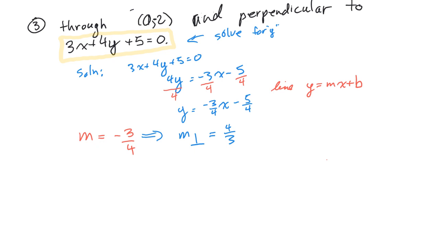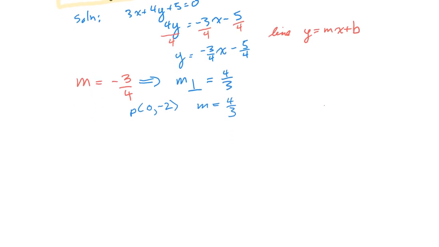And now we have our point, which is 0, negative 2, and our slope for our new line is going to be 4 over 3. Solving for this is going to be pretty easy because we're going to use that equation that we did before.